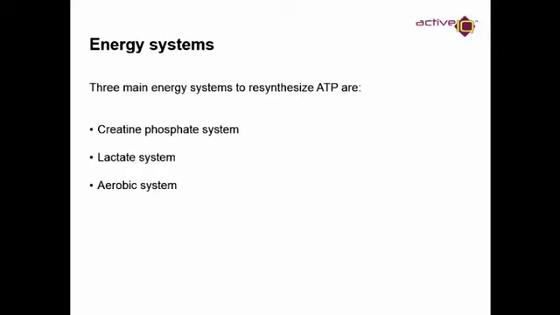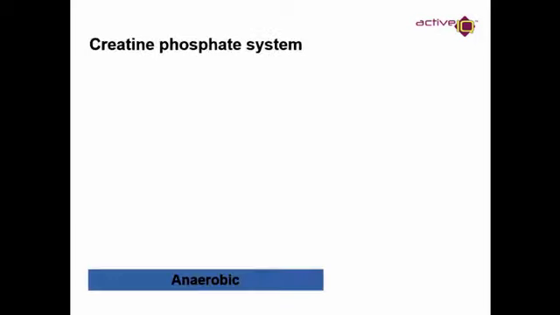The ways that we can recreate that ATP are the creatine phosphate system, the lactate system, or the aerobic system. The big takeaway for today is to be able to break down each of those systems and know how they work in the body and what type of activities they can support us to do.